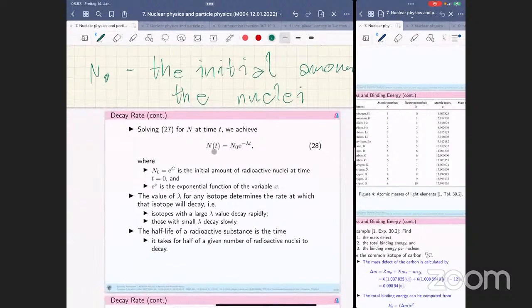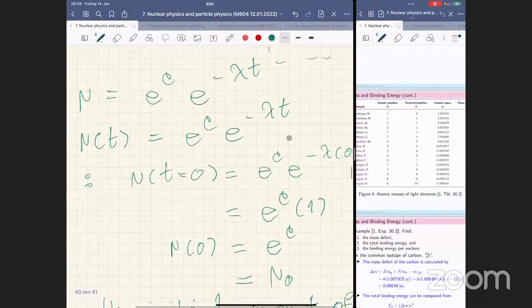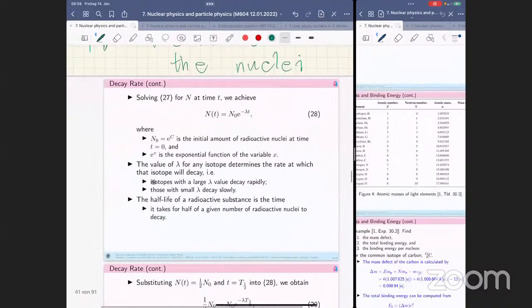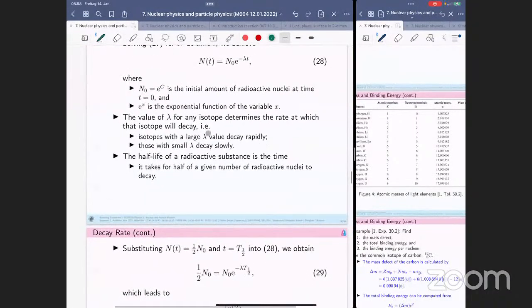The number of nuclei, or the amount of nuclei, at time t is equal to N0, the initial amount of nuclei at time t equals 0 at the beginning, times the exponential of negative lambda t right here. The value of lambda for any isotope determines the rate at which the isotope will decay.